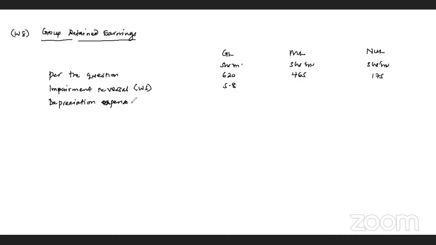This is the expense from the alteration costs. On the alterations, you can say the depreciation expense from the alterations on the listed building. That was 1.4, it's an expense.